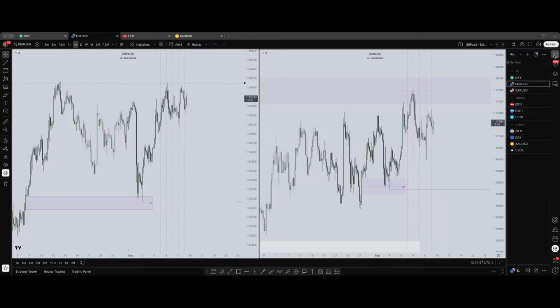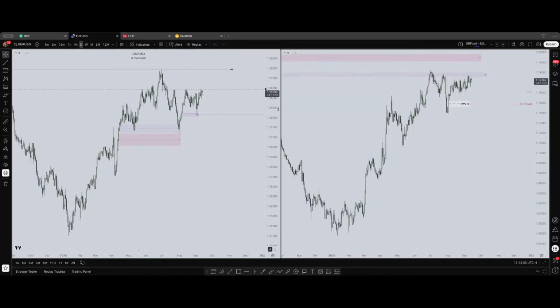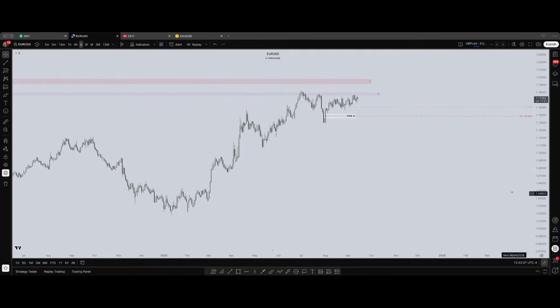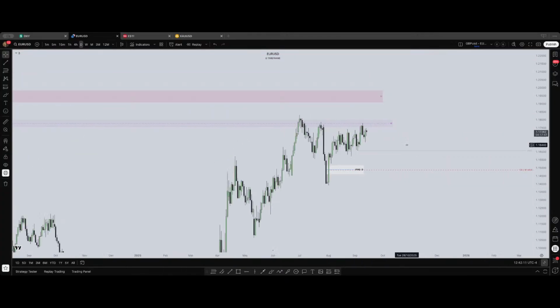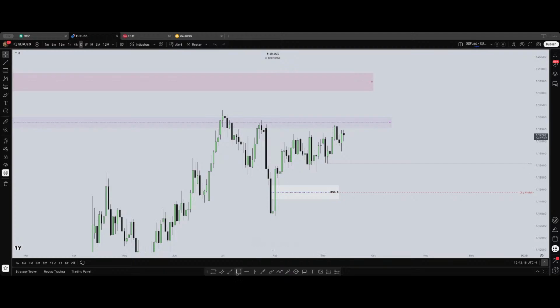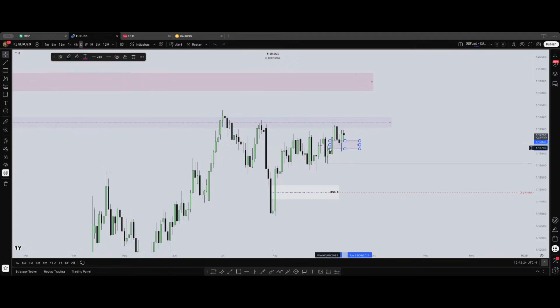Give me 1 second. So far we're kind of bullish still. You see this imbalance, this daily fair value gap.